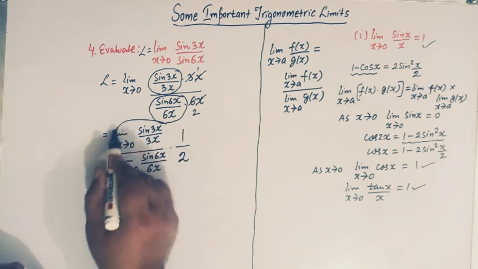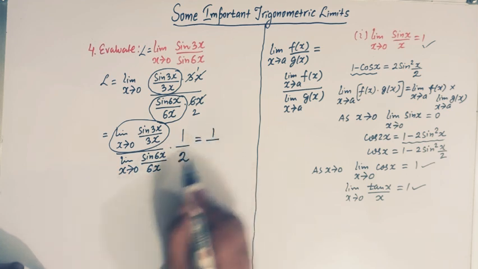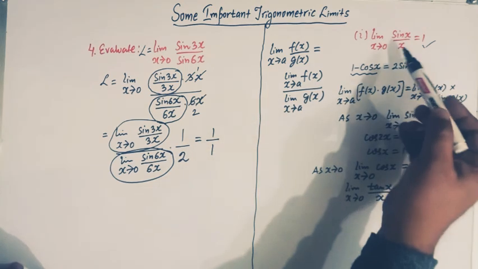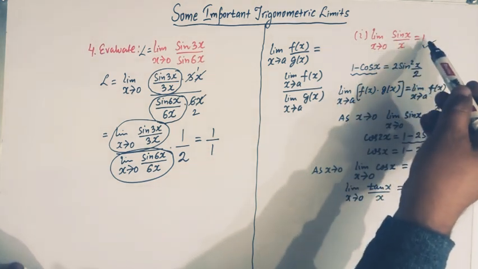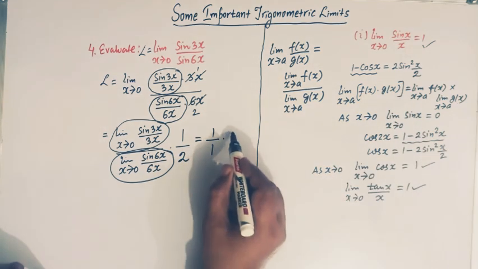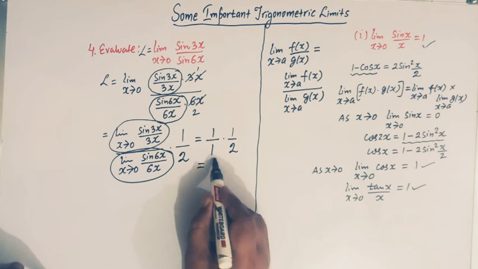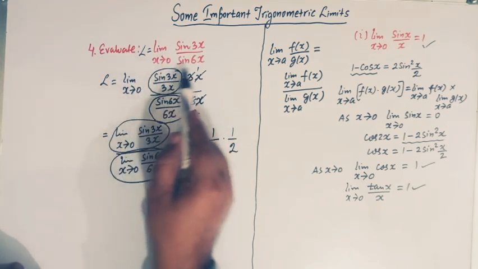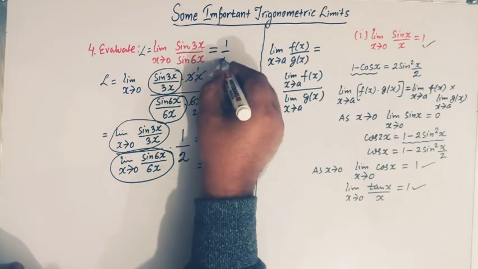Now this limit is 1 and this limit is also 1 due to this result, limit x tends to 0 sin x over x equal to 1, and here we have the factor 1 over 2, so this is 1 over 2, right? So the value of this limit is equal to 1 over 2.